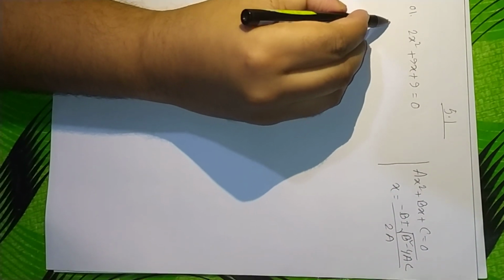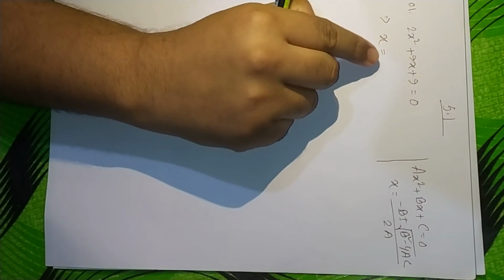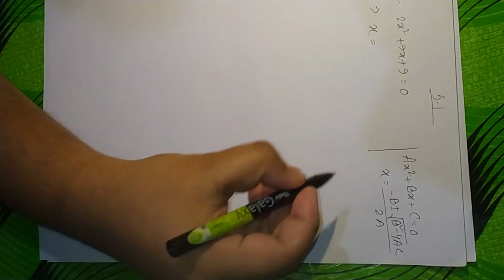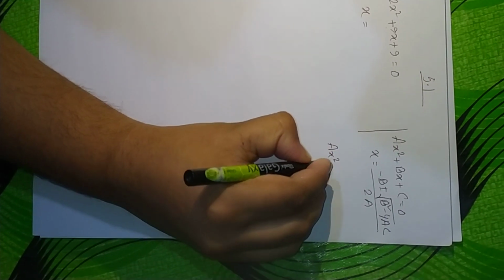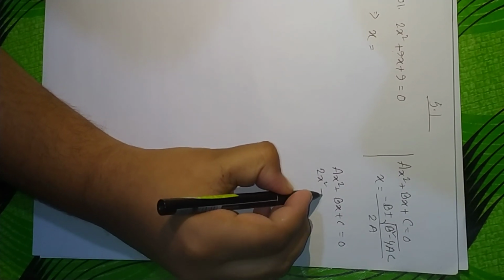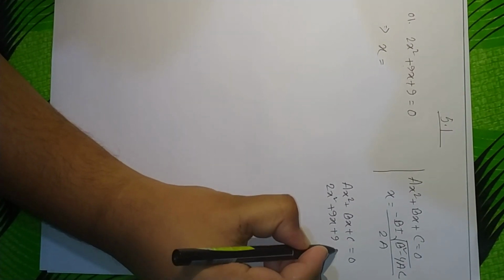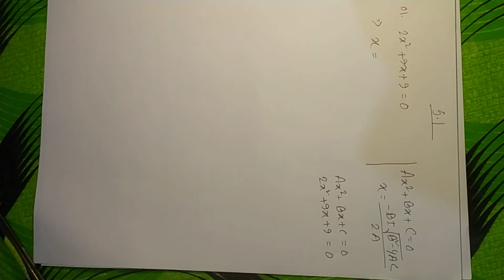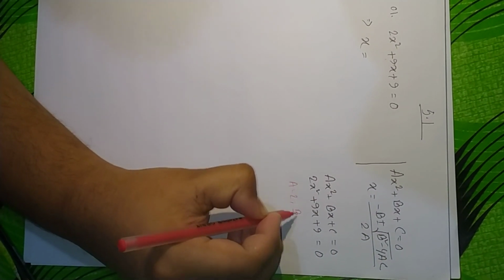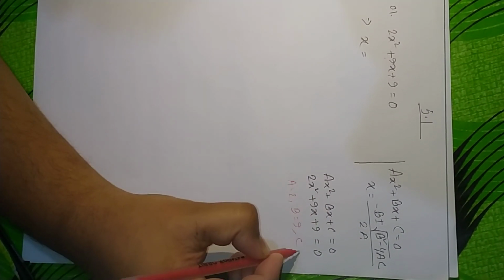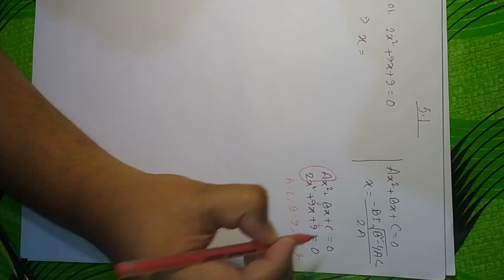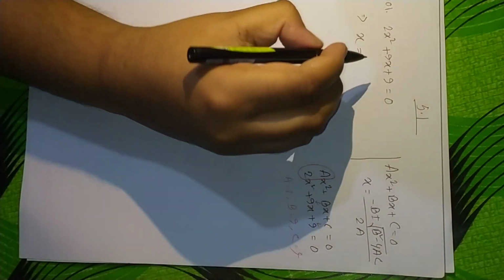Then x equals minus b. First of all, you have to compare this equation to that equation. Our standard equation was ax square plus bx plus c equals 0, and the given equation is 2x square plus 9x plus 9 equals 0. Tell me, what is the value of a? a equals 2, b equals 9, and c equals 9.